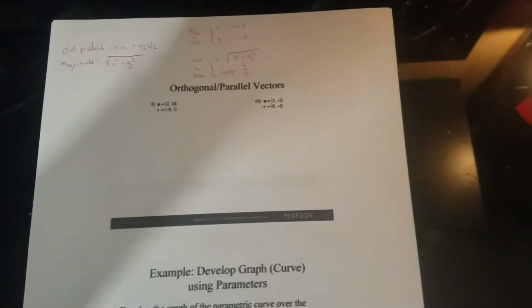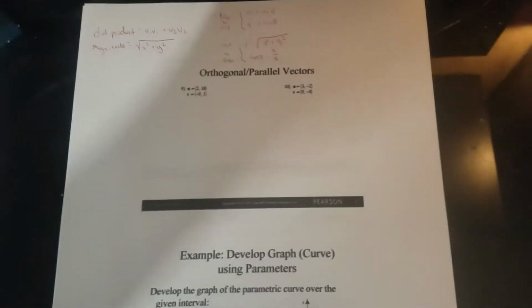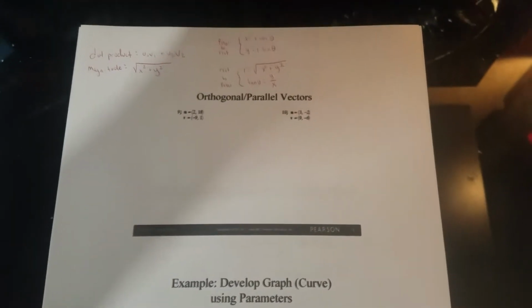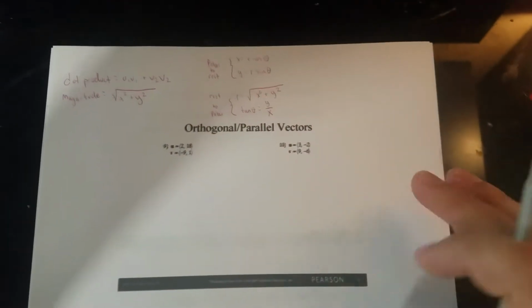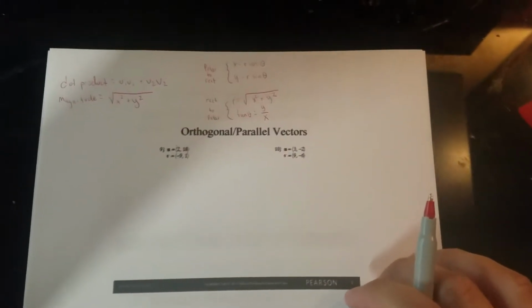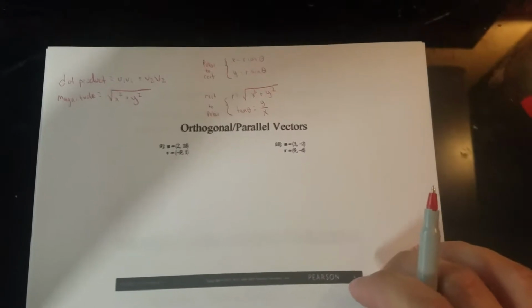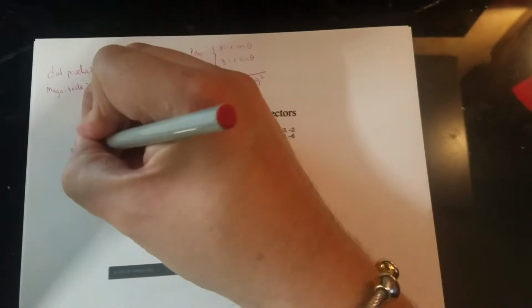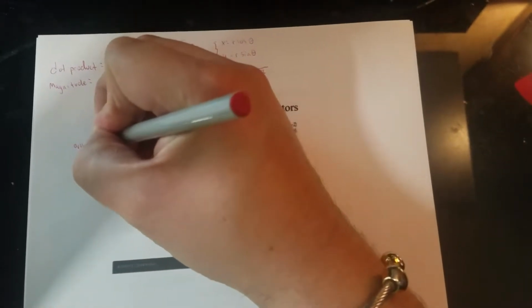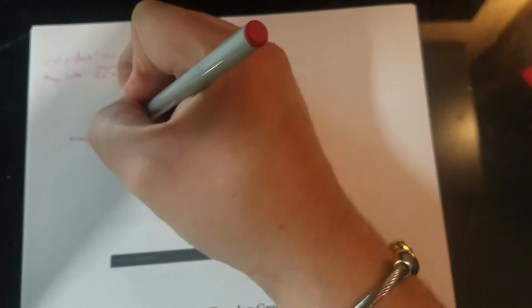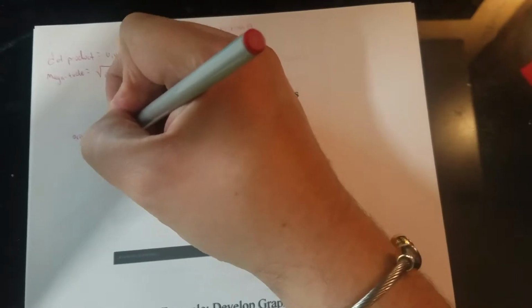Okay, so we're going to go through some of these example problems here. I know these are a little bit blurry, but these are asking, are these two parallel or orthogonal? And remember, if I have orthogonal, the dot product equals 0.